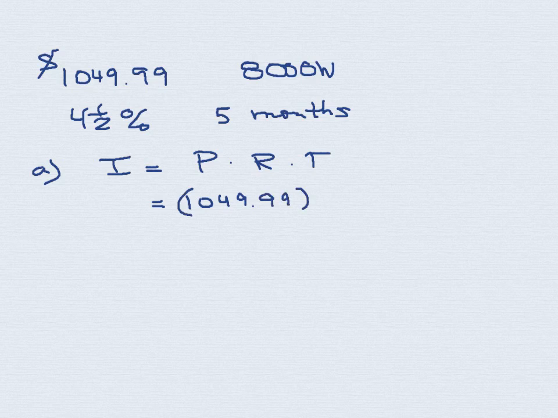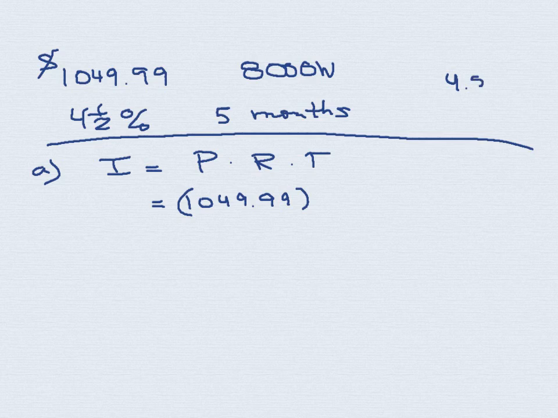Now the rate, 4.5%, is still a percentage. That must get converted to a decimal. You need to divide it by 100. So you're going to get 0.045 as a decimal. 4.5 divided by 100.